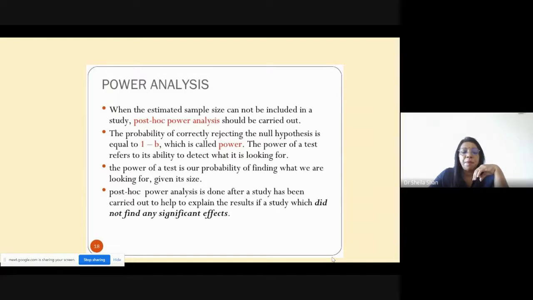So post hoc power analysis is done after a study has been carried out to help explain the result if the study did not find any significant effect. That means after you did not find any significant effect, you can continue your analysis by using power analysis. That is another branch of statistics.